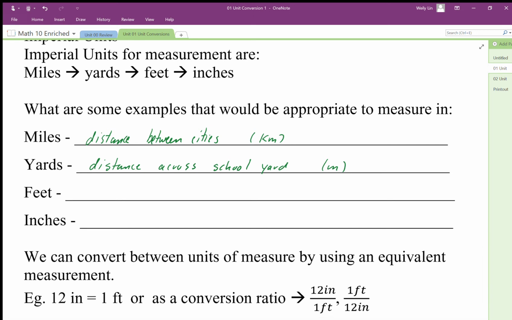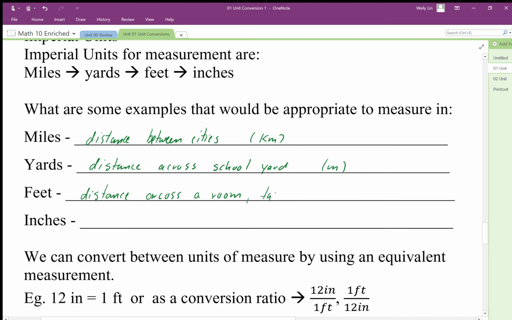Okay, and you could come up with your own examples here. I'm sure you can come up with different examples of what you would measure in miles, yards, feet. Feet might be distance across a room, or the length of a table.